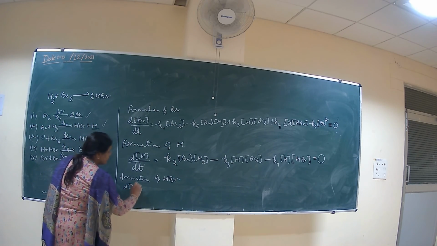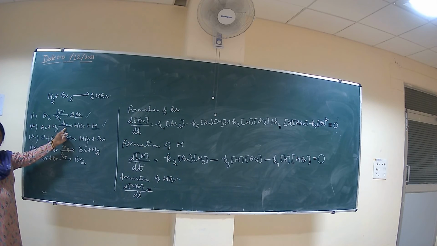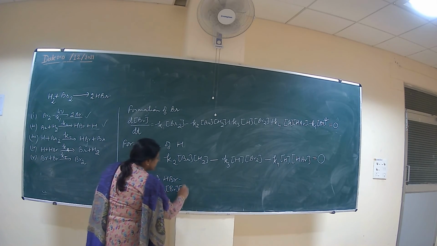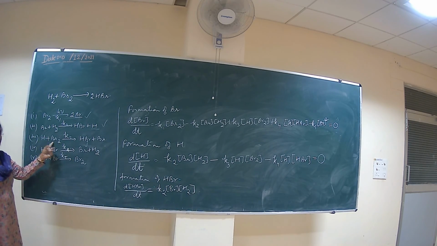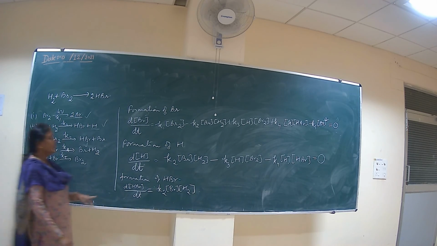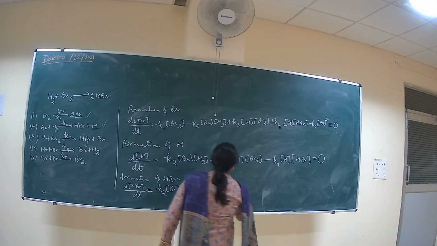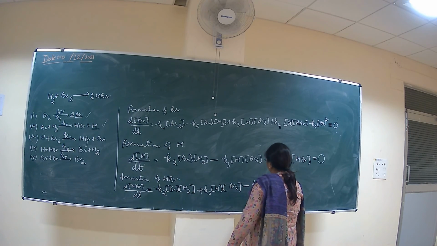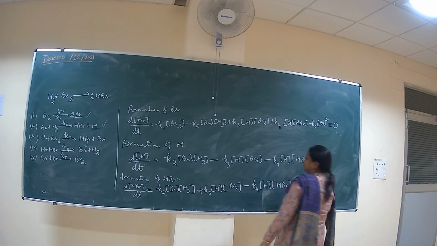Small change in the concentration of hydrogen bromide with respect to time equal to K2 concentration of bromine, concentration of hydrogen, है ना? तो यहाँ पर K2 concentration of bromine, concentration of hydrogen plus K3 concentration of hydrogen, concentration of bromine molecule minus K4 concentration of hydrogen and concentration of HBr. ठीक है?